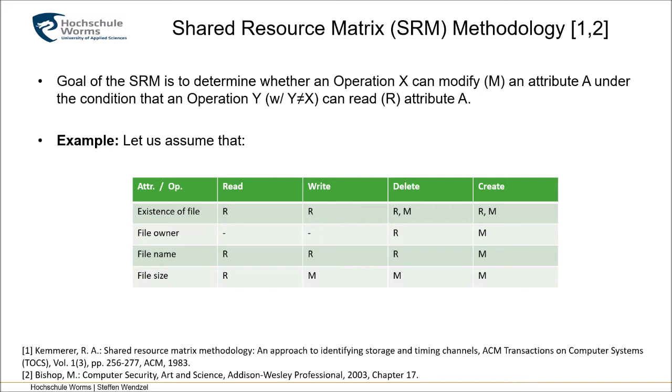And so the read operation can read the existence of the file. Because if you try to read the file and the file does not exist, then you get some error returned. And if you read the file and it exists, well, then you get the data. So you can determine the existence of the file. Same for file name and file size.